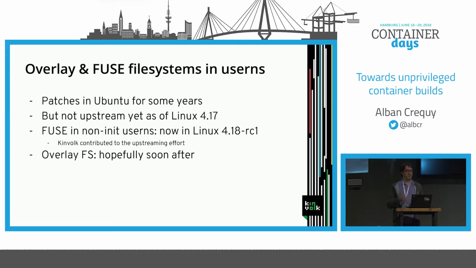But that work, until recently, was not in upstream kernels. But now in the next kernel, 4.18, which is not released yet, there will be FUSE additionally, so we will be able to mount FUSE in a new user namespace. And hopefully, overlayfs will come soon after. The patches are there in Ubuntu, but they need a bit of work to merge upstream.